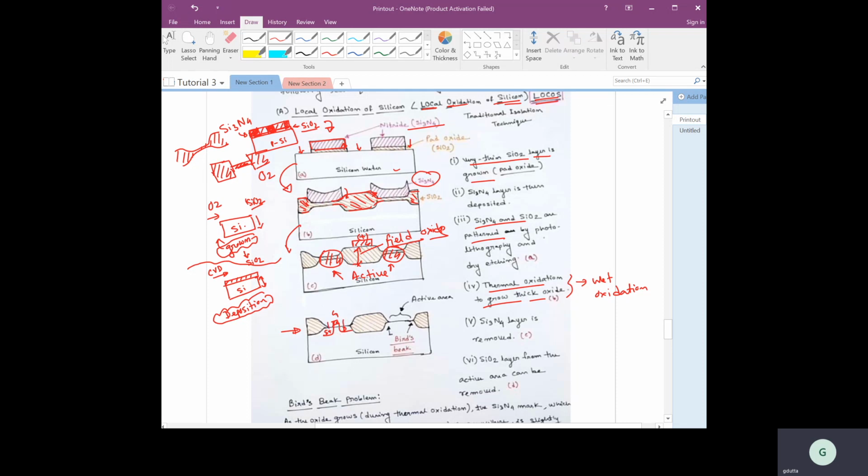So this is the active region where the devices are formed, and this is the field oxide region. And this field oxide, or this isolation between this device and another device you can think of here, has been done using the process called LOCOS.